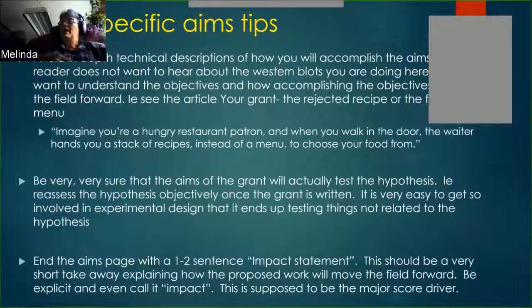They might not understand why this work will in fact be important to the field. It might not be immediately obvious to them. So you're better off telling them. Tell them why this is important. What is the big picture impact?